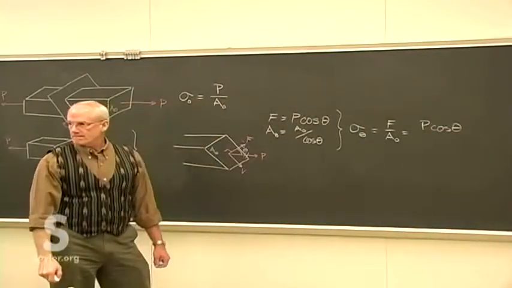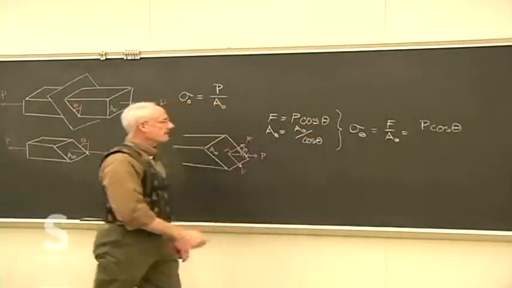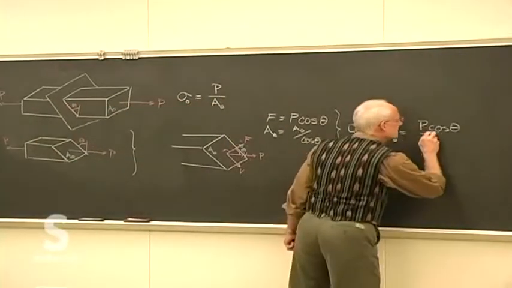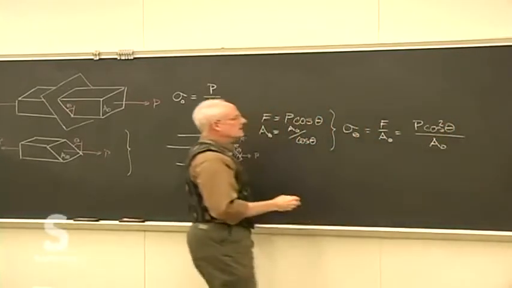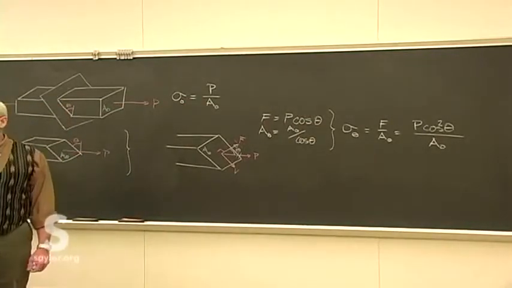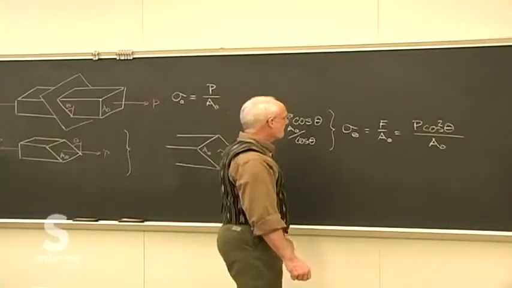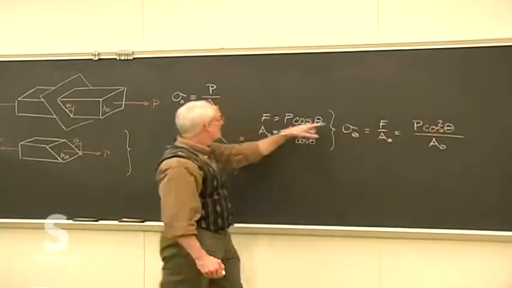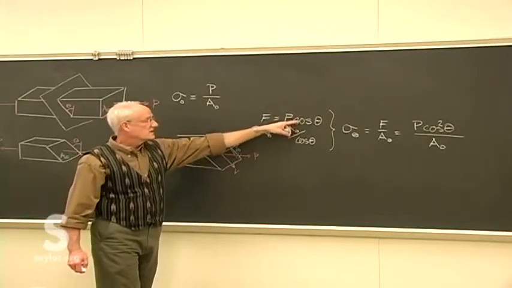That's F. Divided now by the area A theta, which is the original area divided by the cosine, so I get P cosine squared theta over the original area A0, because now I have cosine squared from here. If I put these two together, I get a cosine squared on top.